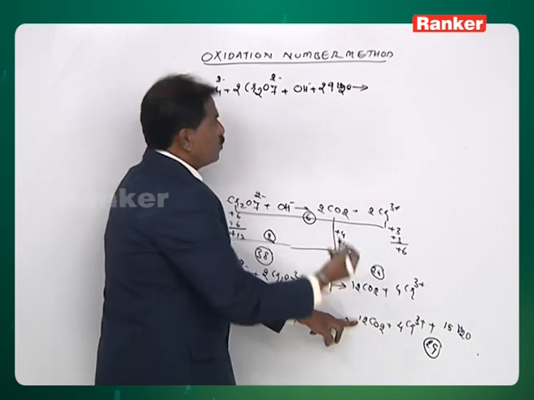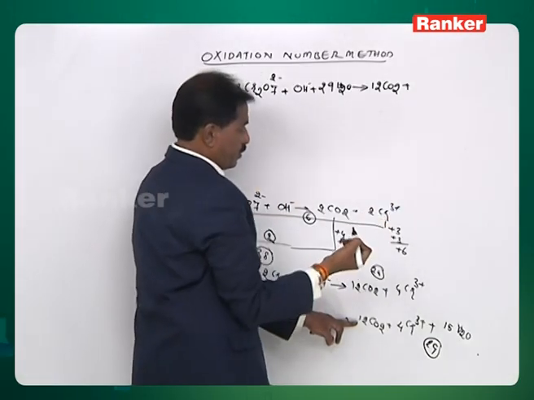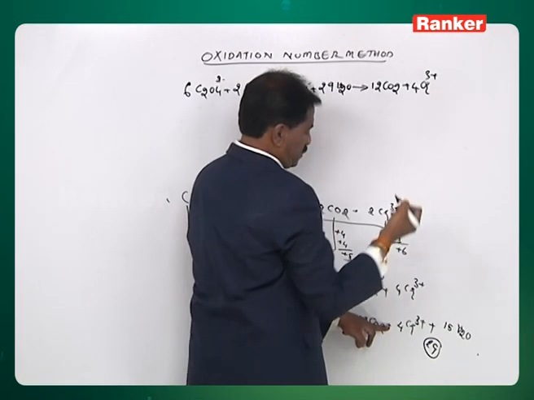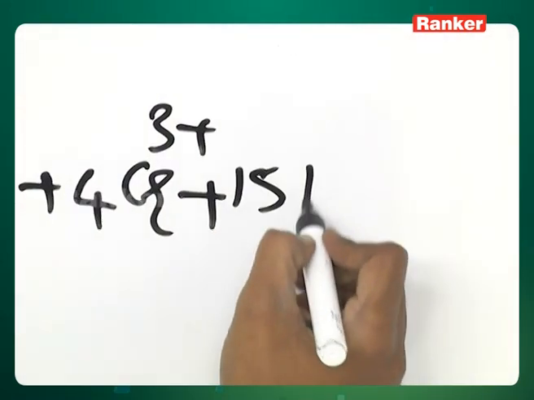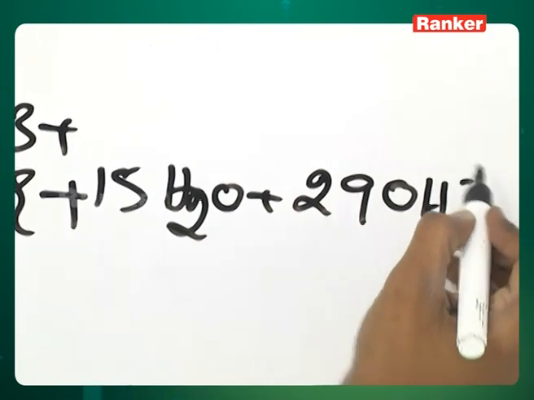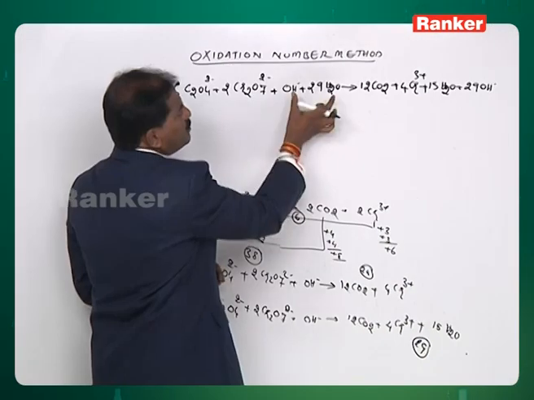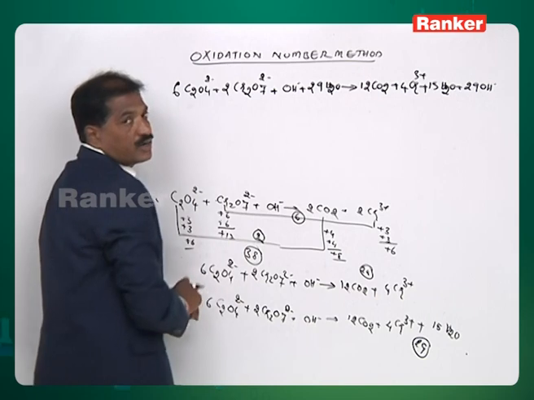Next, this side, 12 CO2, 4 Cr3 plus, here 15 H2O plus 29 OH. Now you can cross check whether oxygen atoms have been balanced or not. You can cross check whether hydrogens have been balanced or not.